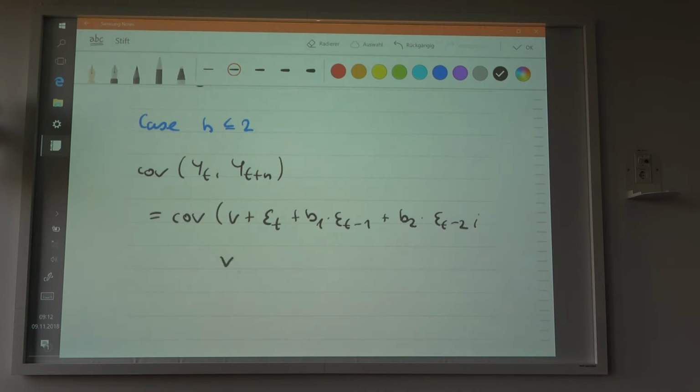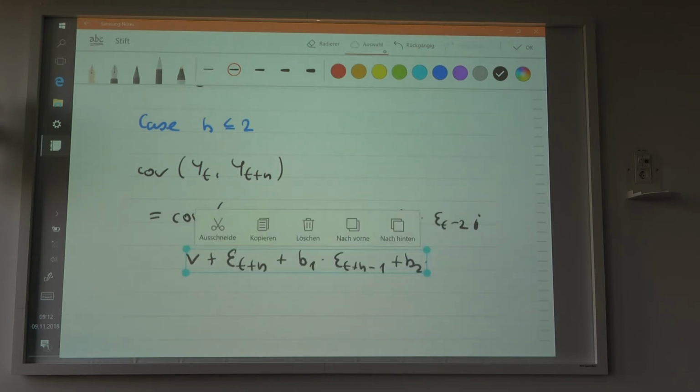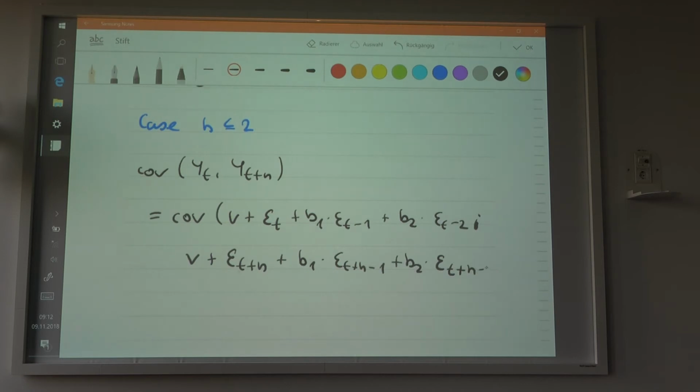And the second expression, that's the second variable, is the constant plus the noise, plus B1 times epsilon_{t+h-1} plus B2 times epsilon_{t+h-2}. That's going to be the last one.